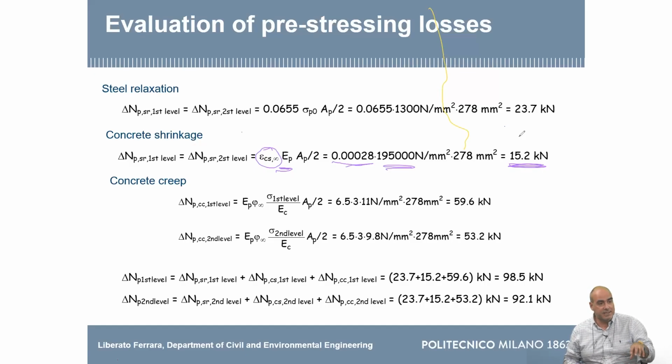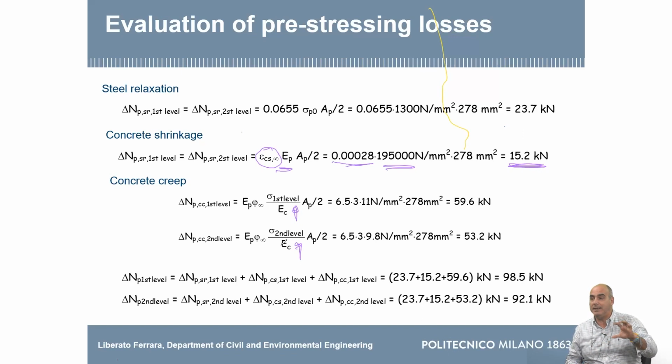So that is the reason for which we calculated the stresses at the level of the first tendons and at the level of the second tendons, because there we want to see how much concrete is creeping. So we have the stresses you see here at the first level and at the second level. We divide by the Young modulus of concrete. What do we obtain here?